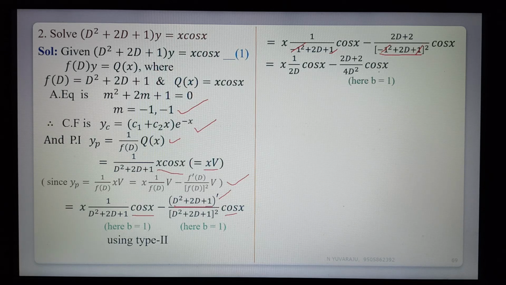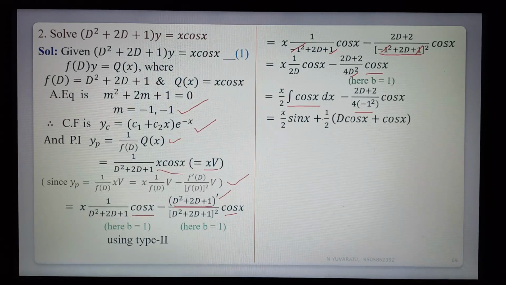Again, cos bx with b = 1, D² replaced by −1². This is 1/D, and 1/D means integration. So x/2 times the integral of cos x dx minus (2D + 2)/(−4) cos x, with the integral of cos x being sin x.